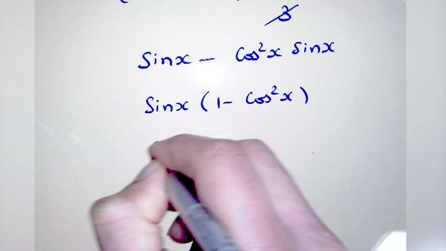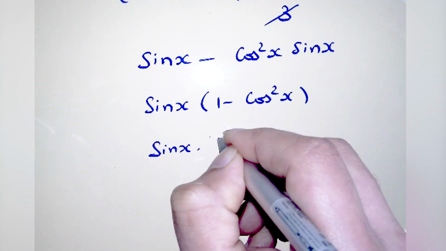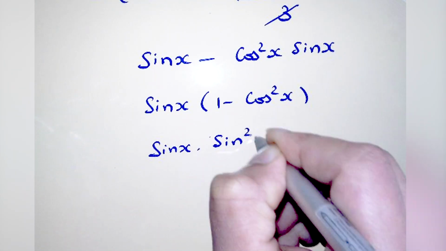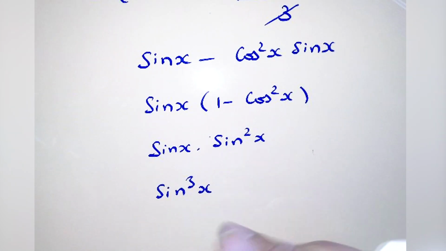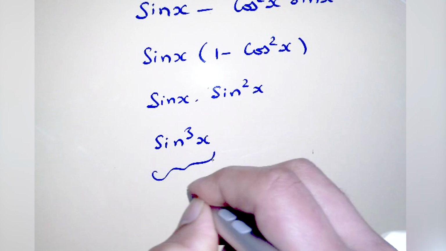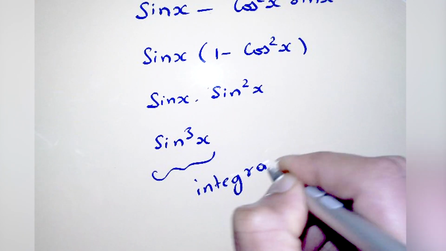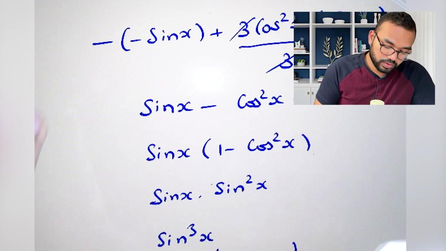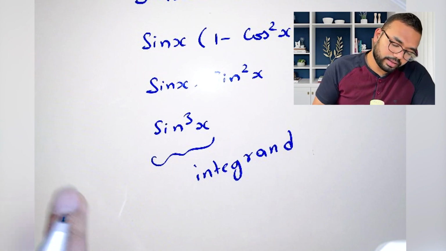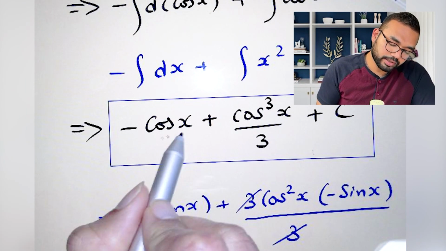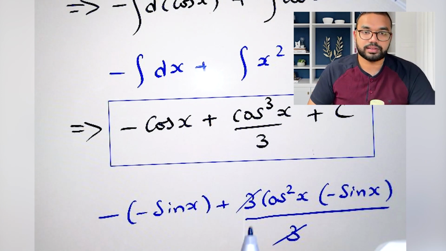So 1 minus cos square x is sine square x, and this is sine cube x. This is our initial integrand. So we got our integrand when we differentiated the answer. So this says that our answer, minus cos x plus cos cube x divided by 3 plus c, is the correct answer.